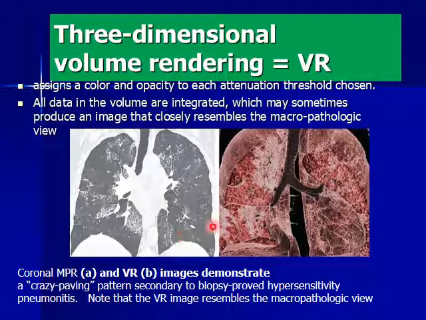Let's go to the three-dimensional volume rendering. What the volume rendering does is simply give different colors according to the attenuation of the different anatomy and pathology.